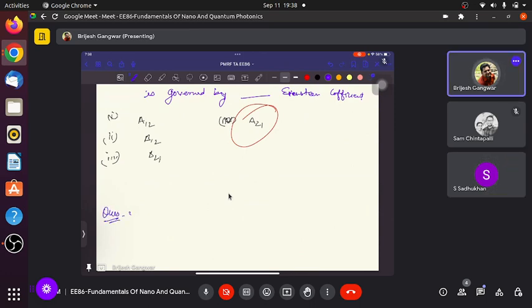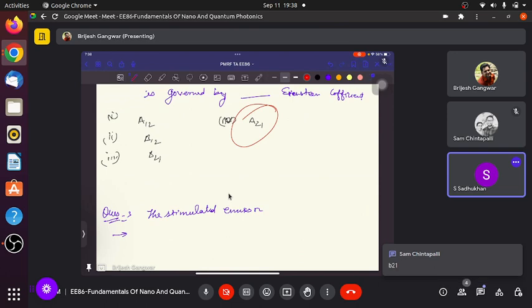Similarly, question 3 is the stimulated emission. Then what will be the coefficient? So B21. Yes, this will be B21.